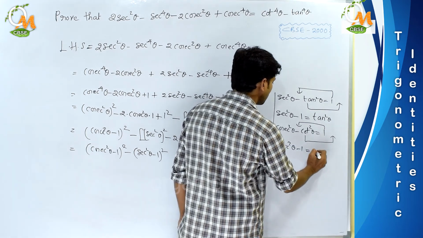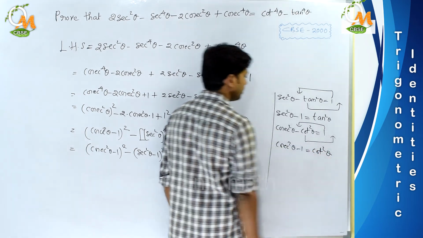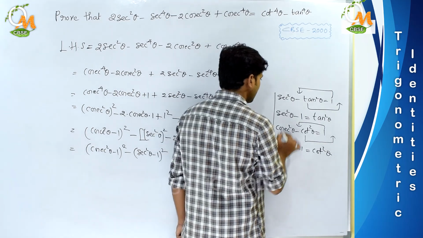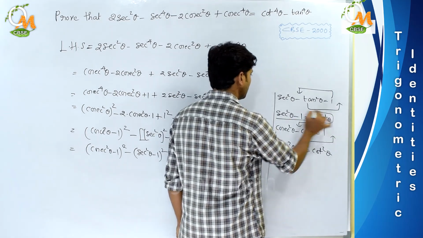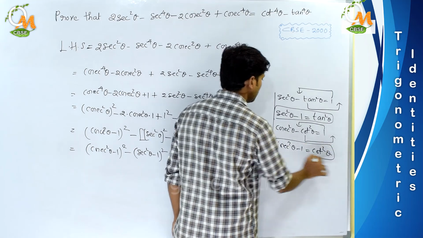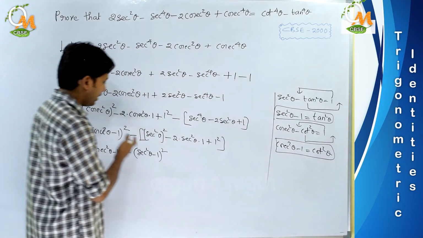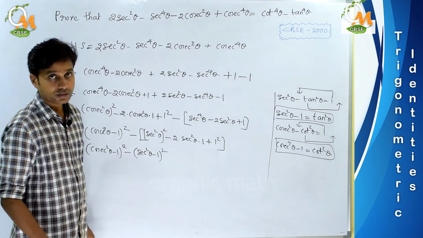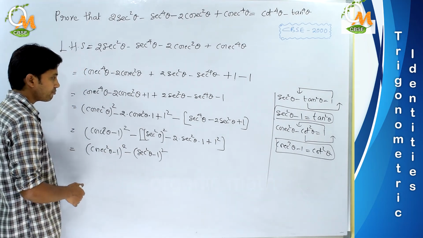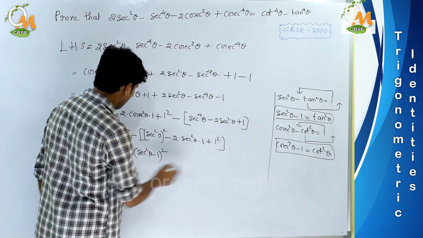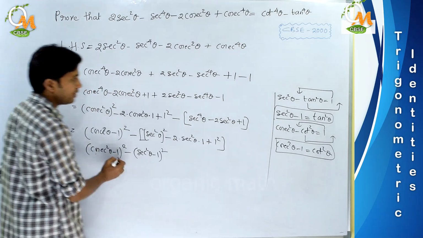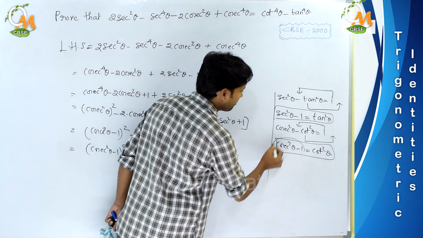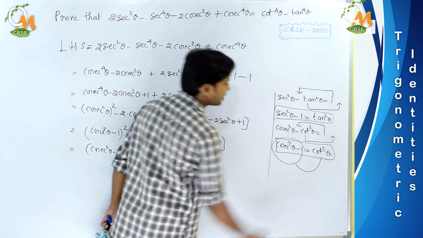These are the two results we need to use to convert the obtained expression in terms of tan and cot. Here cosecant square theta minus 1 can be replaced by cot square theta, right?